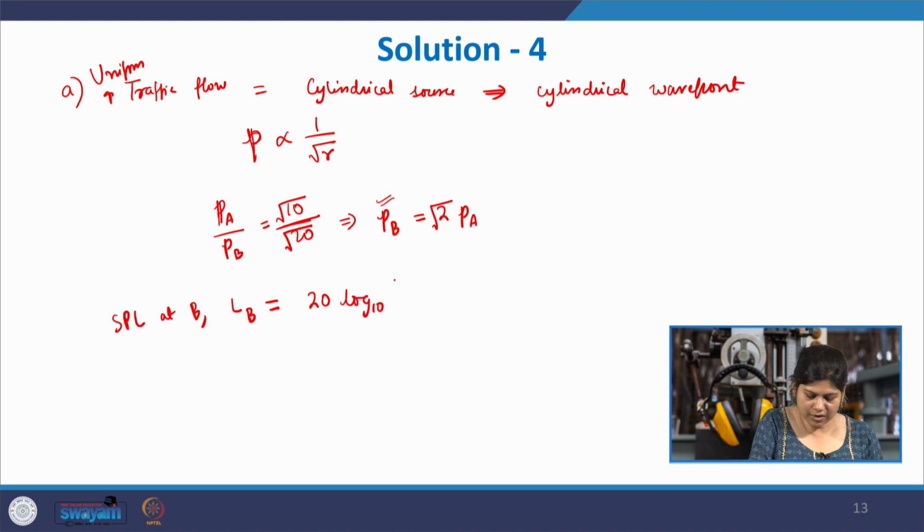by definition, the definition remains the same, it is the pressure at that point by the reference pressure, and this in terms of A we can write.